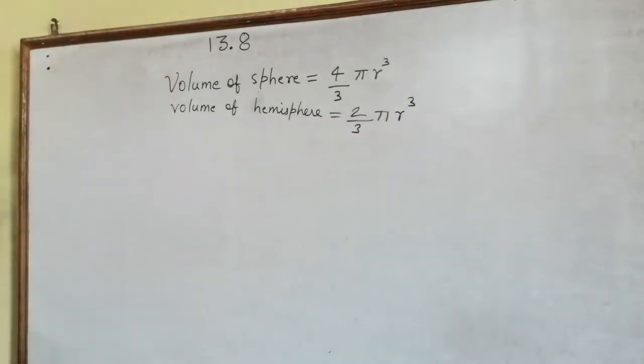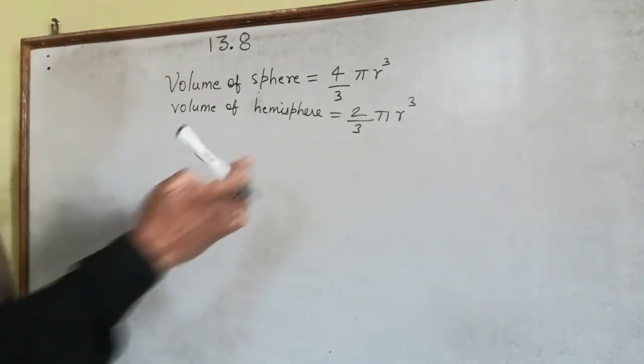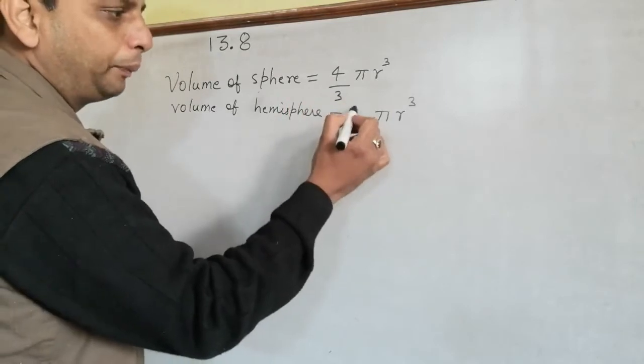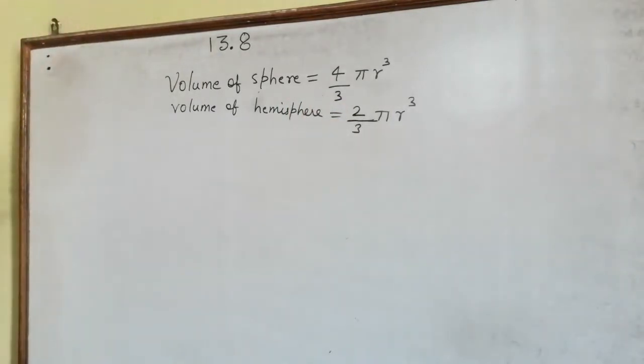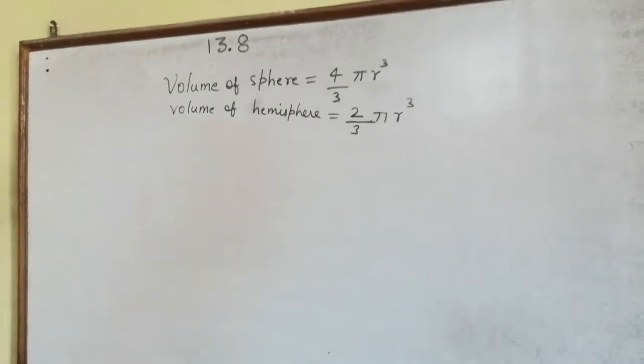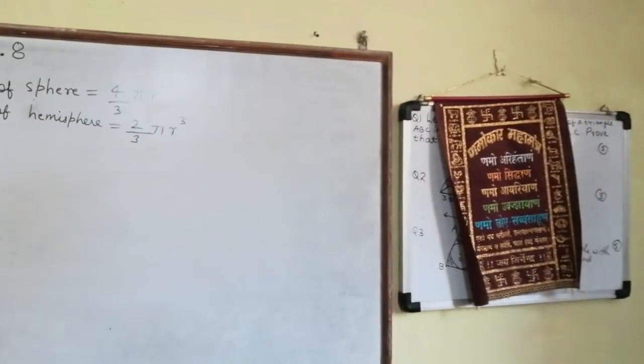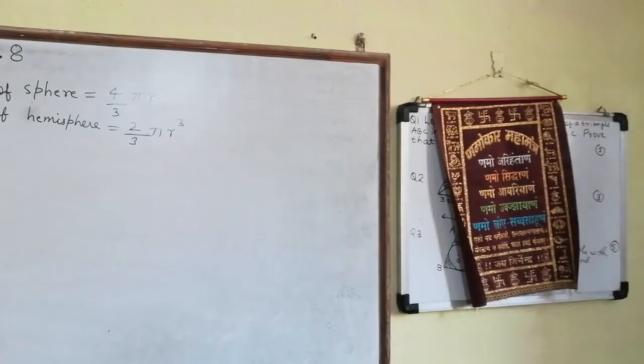These two formulas are there. 2 upon 3 pi r cube is the formula to find the volume of the hemisphere. These two formulas we will use to find the volume of the sphere as well as the volume of the hemisphere.